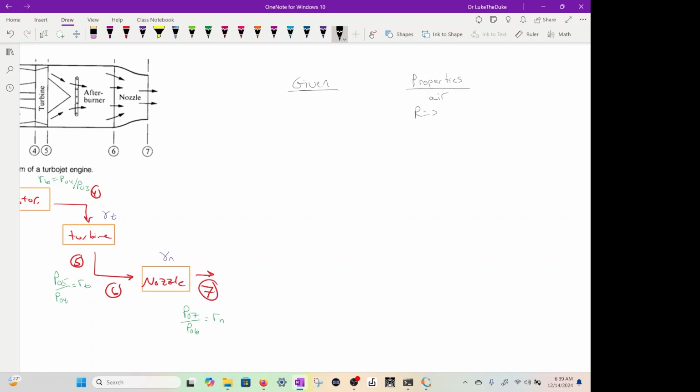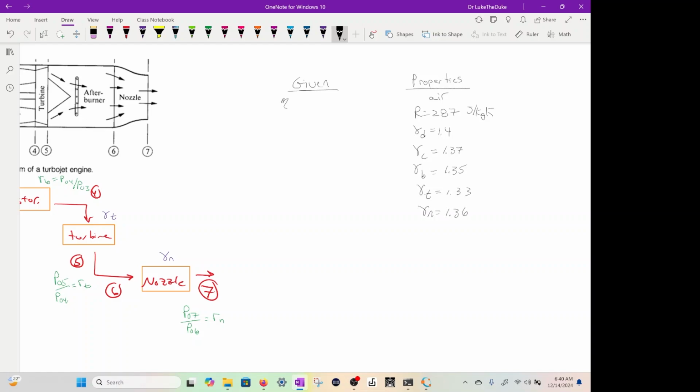We're going to assume 287 for R joules per kilogram K. And then each component will have its own gamma. We're going to assume the diffuser is 1.4, the compressor 1.37, the combustor 1.35, the turbine 1.33, and the nozzle 1.36.